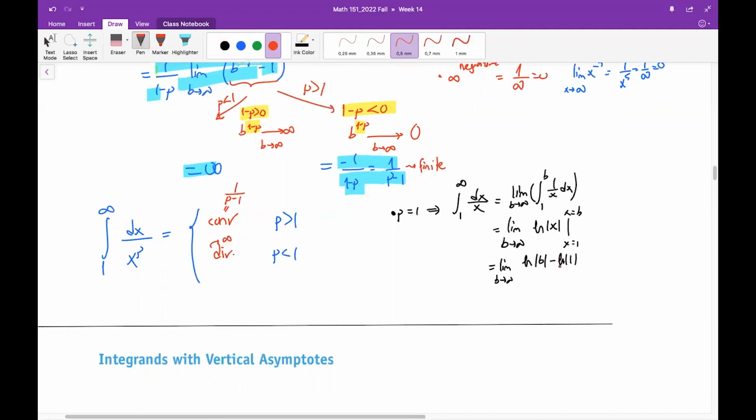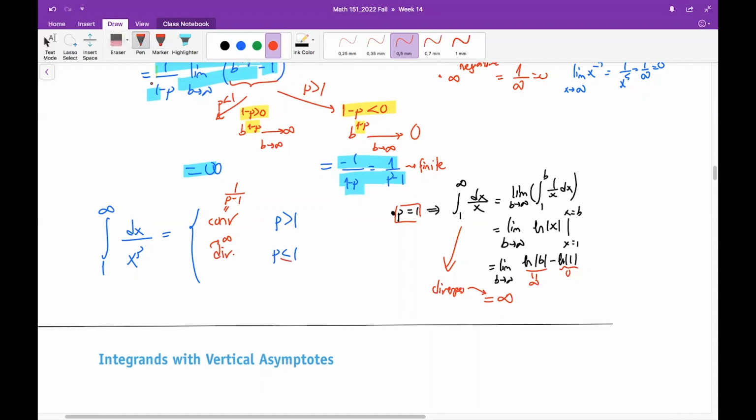So ln 1 is 0. If b goes to infinity, ln infinite is infinite. That's why the result is infinite if p equals 1. So the improper integral diverges in this case. This is divergent, diverges to infinity. That's why I will include the p equals 1 case in the divergent part like that.